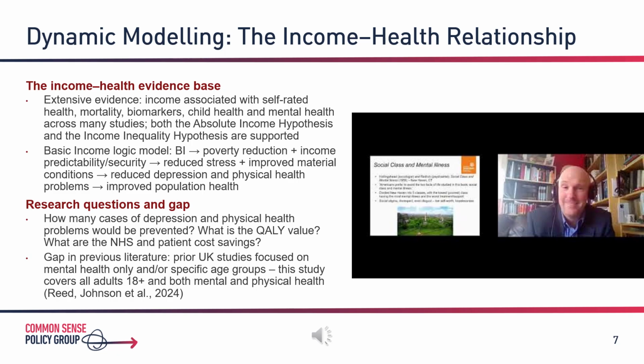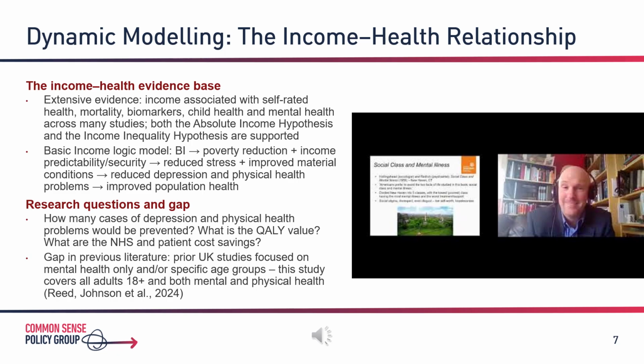The specific research gap this study fills is important for understanding its contribution. Prior UK microsimulation of basic income's health effects had focused exclusively on mental health and often on specific age groups.